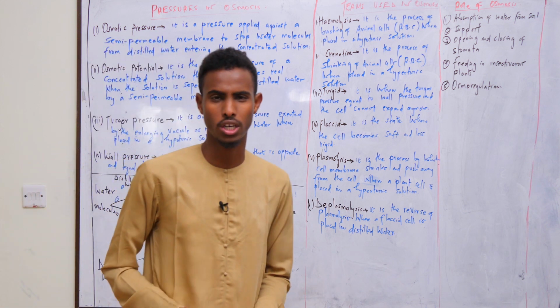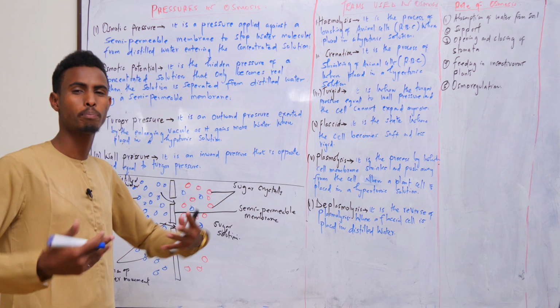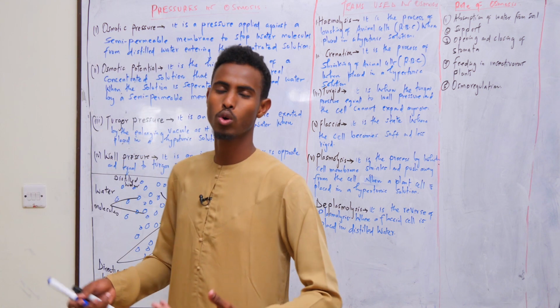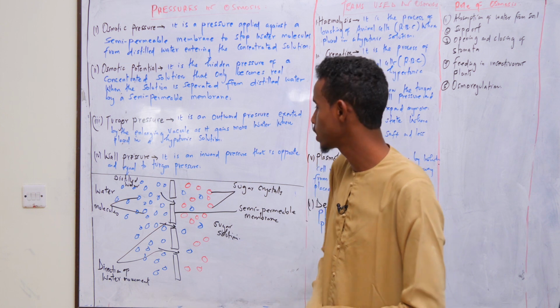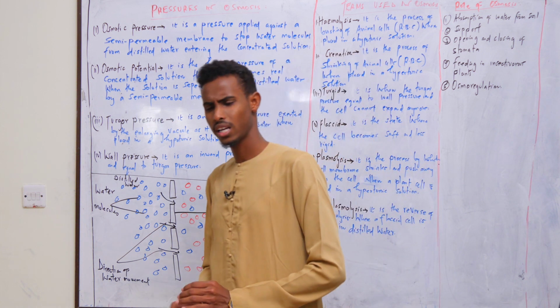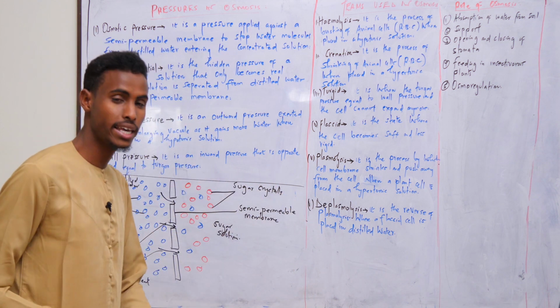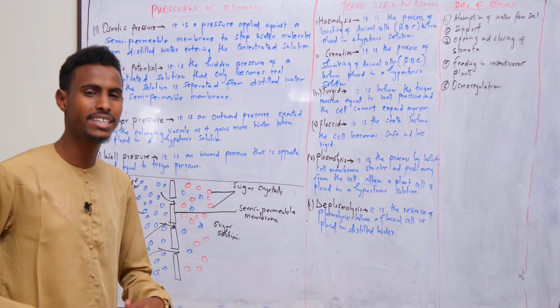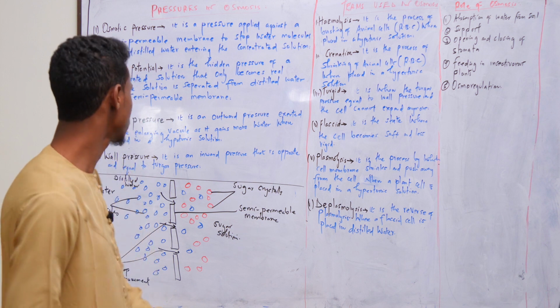Let's go to the next pressure. It's turgor pressure. A turgor pressure is an outward pressure exerted by the vacuole as a result of the water it is drawing in when placed in a hypotonic solution. And therefore class, we define turgor pressure as an outward pressure exerted by the enlarging vacuole as it gains more water when placed in a hypotonic solution.